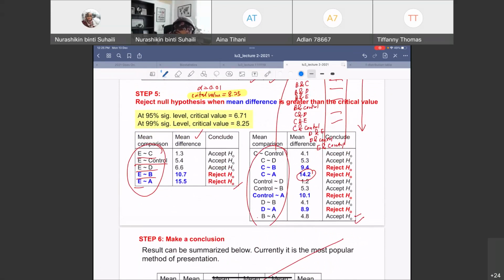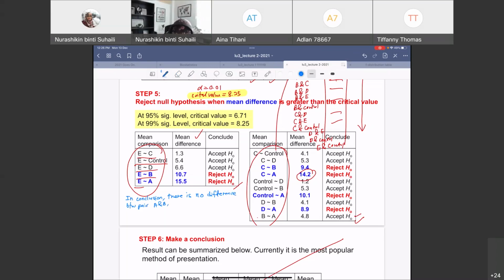Let's say how you construct the conclusion. In conclusion, there is no difference between pairs, say between pair. So no difference means the ones that accept null, right? A and B. You just choose which ones you accept.